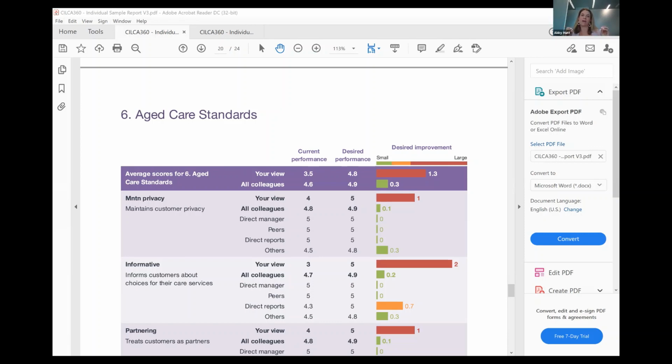What we are finding is that although executives, facility managers and even deputies are showing fewer gaps in the standards, the ENs and RNs are showing higher gaps in those standards. I'm really passionate about this finding.